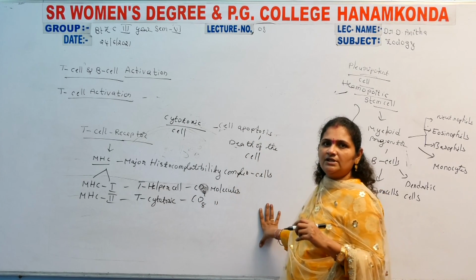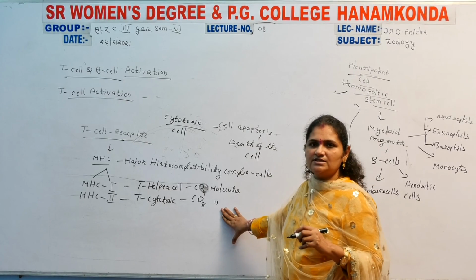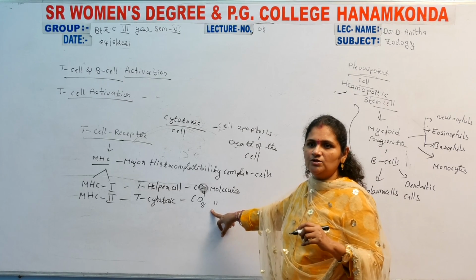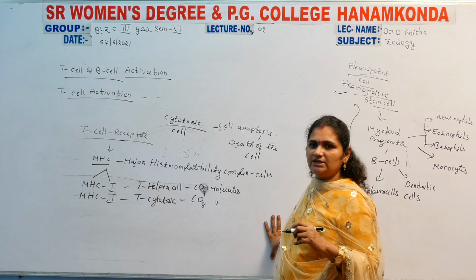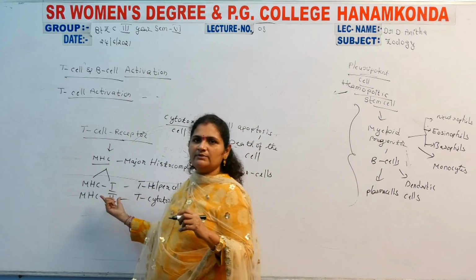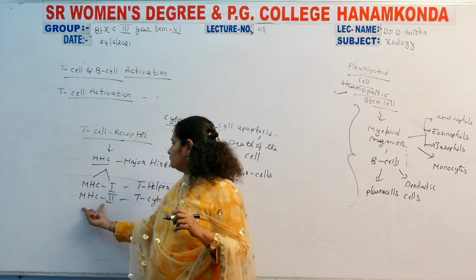So the variation between the T helper cells and T cytotoxic cells is mainly CD4 and CD8 molecules. The helper cell is always with MHC1 molecules, and the T cytotoxic cell always with MHC2 molecules.